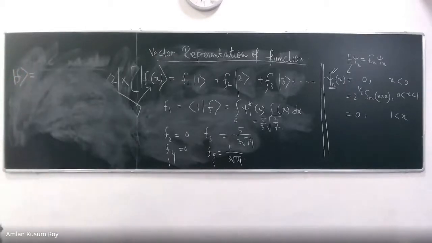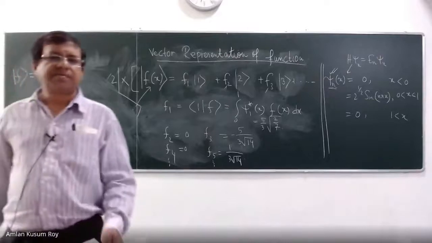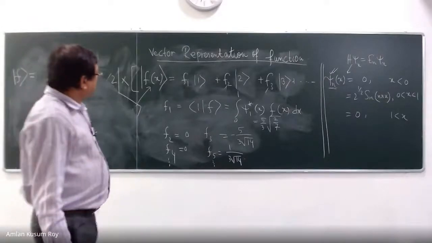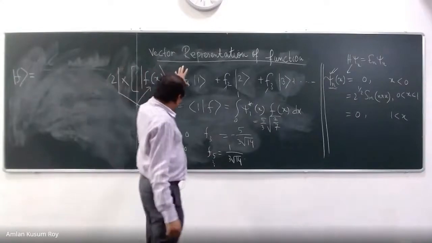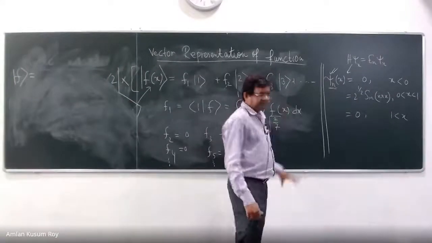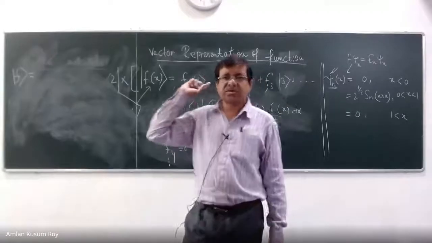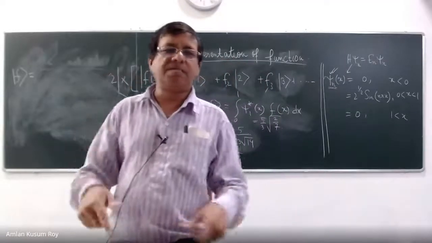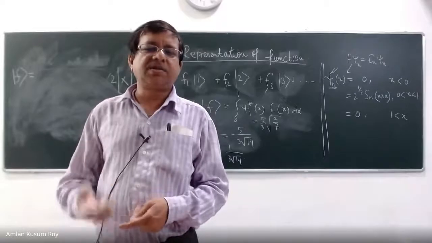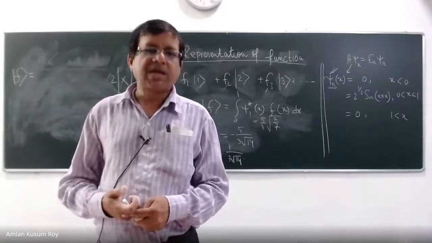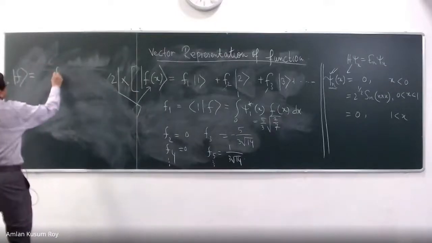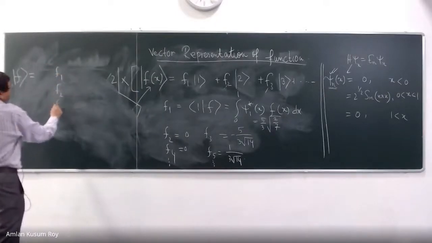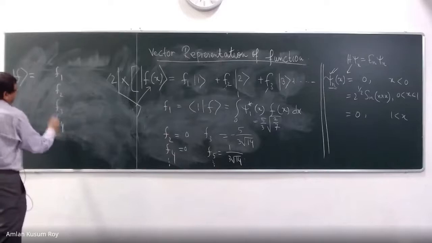Now understand one thing. I can express this function by only mentioning f1, f2, f3 and so on, meaning the coefficients in a particular basis. As long as I mention that basis, I can just write the function or express the function in the form of coefficients f1, f2, f3, f4.